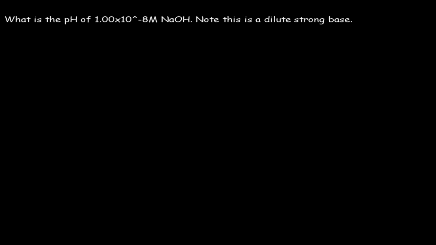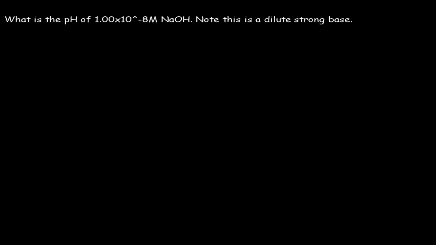So our question is, what is the pH of 1 × 10⁻⁸ molar NaOH? Note that this is a dilute strong base. So usually, when we have a strong base, we would simply do the negative log of the concentration to get our pOH and subtract that from 14 to get our pH.